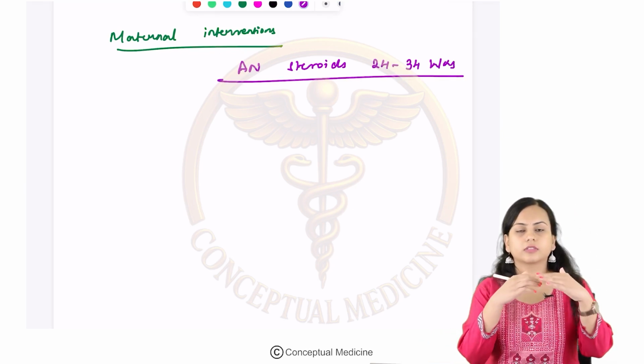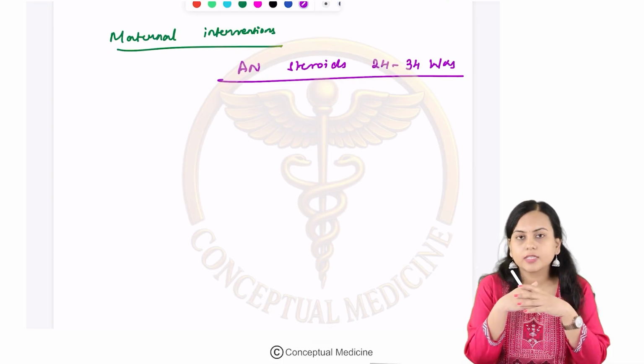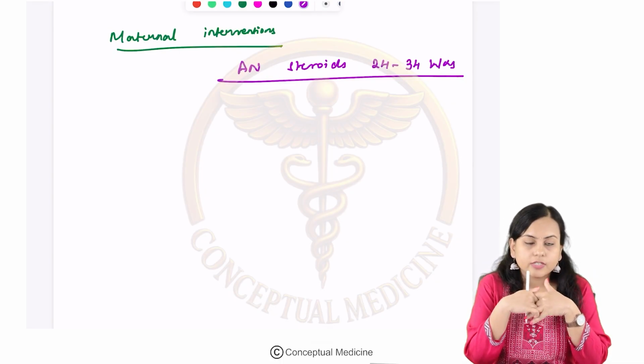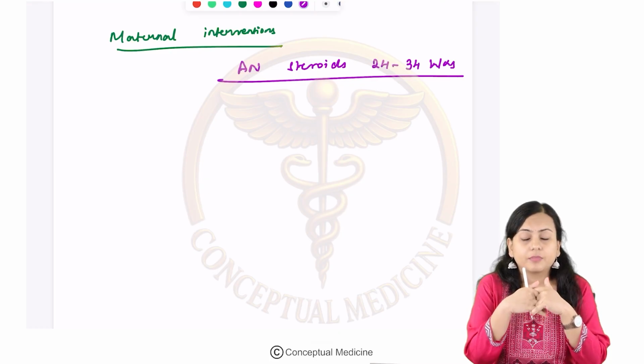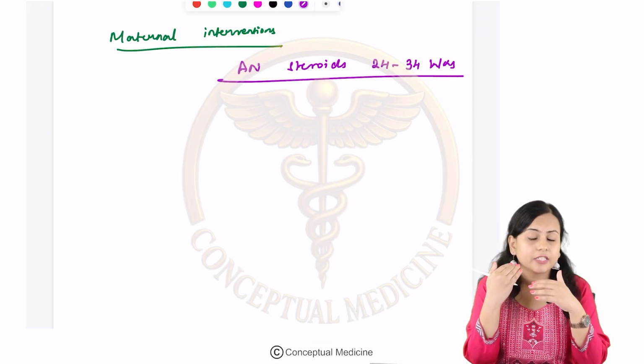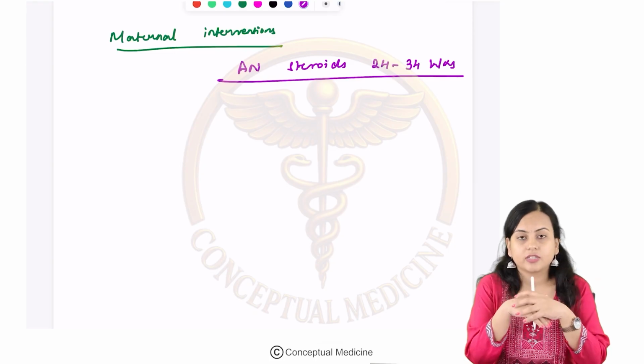This is given because there can be a chance of uteroplacental insufficiency happening, and there can be an anticipated need for delivering the fetus earlier in the gestational age itself.